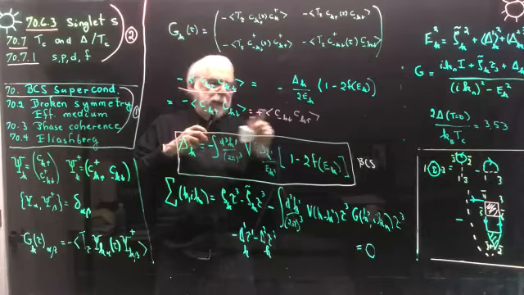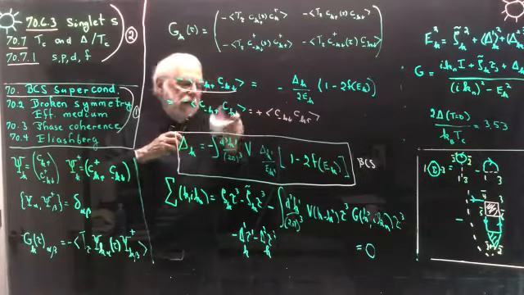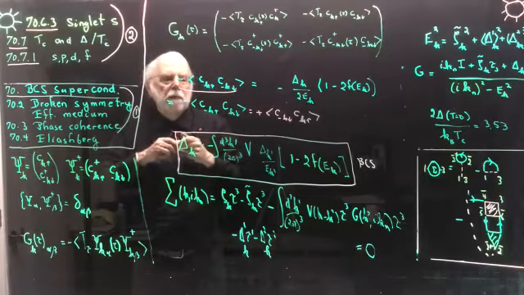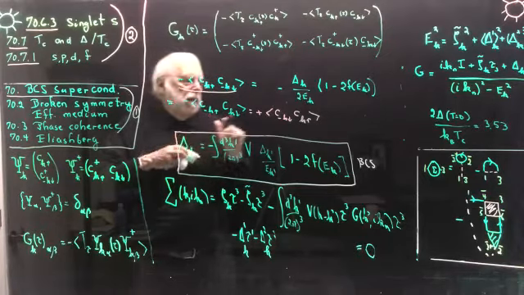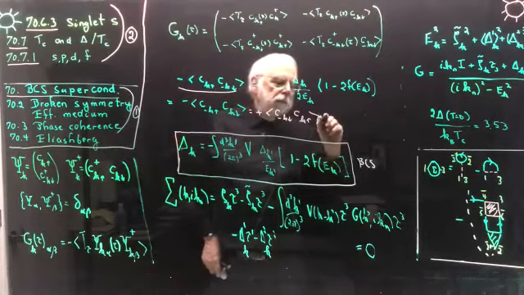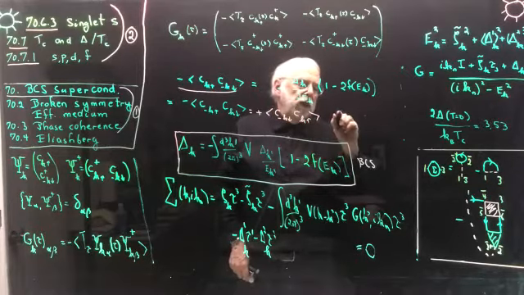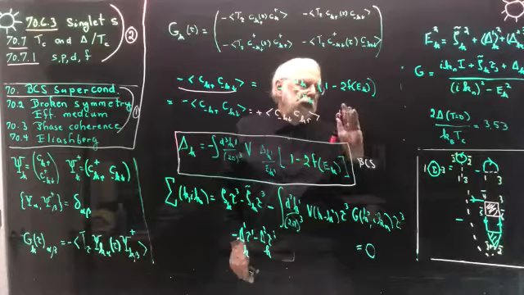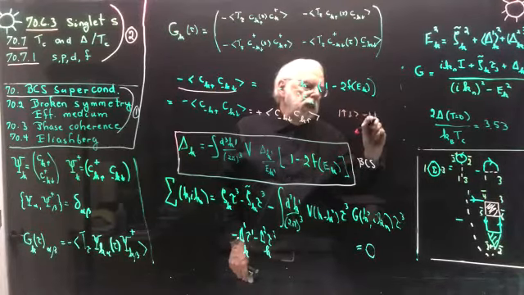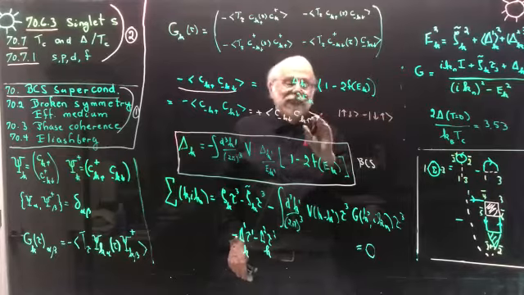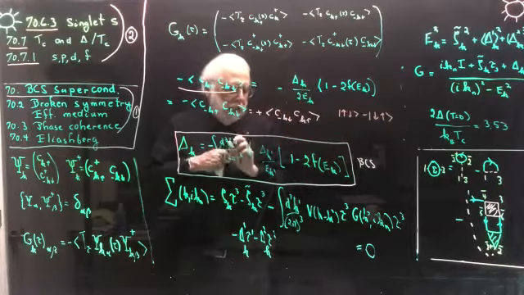So how can this be equal to that? Well, it's equal to that if it changes sign when I exchange the spins. And that means that the spin wave function has the structure up, down minus down, up. So it is a singlet in the spin channel.